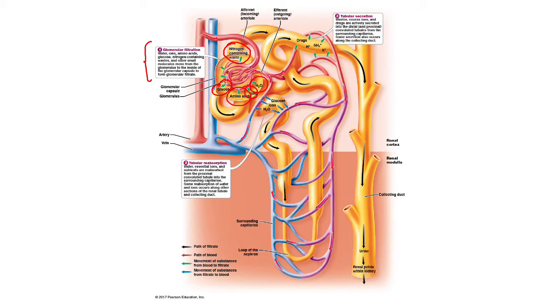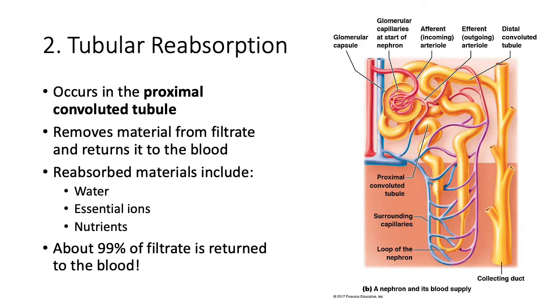And so now we're going to move out of the glomerulus, and we're going to look now at the descending convoluted tubule. So in tubular reabsorption, which occurs in the proximal convoluted tubule, if we follow this glomerulus, it's the first descending loop that we see in the nephron.